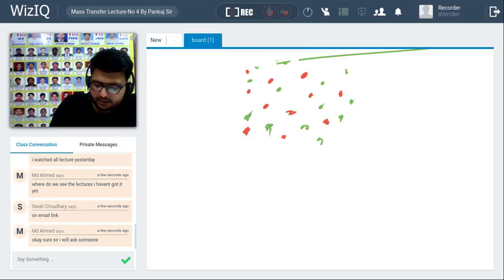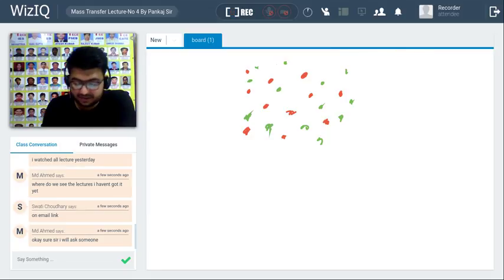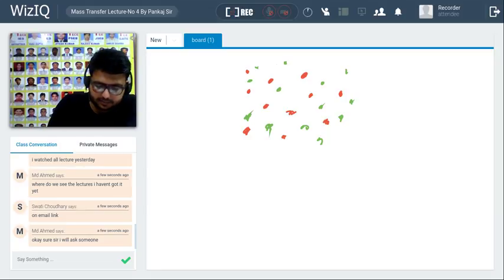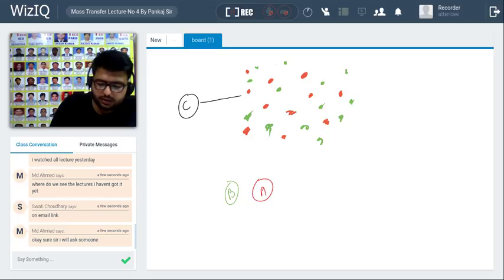We might face some technical problem today also because it's going on its own. I'm not doing it. See, this is our green B, and this is our A. And a component, let's say C or X. Let's say C. It wants to go inside it. It will go through it.